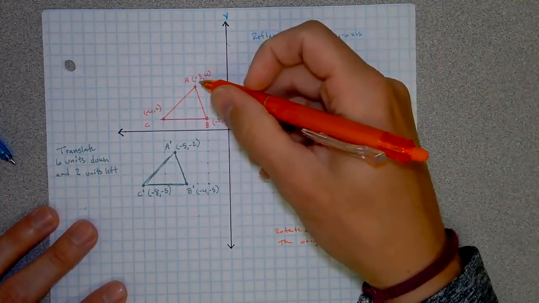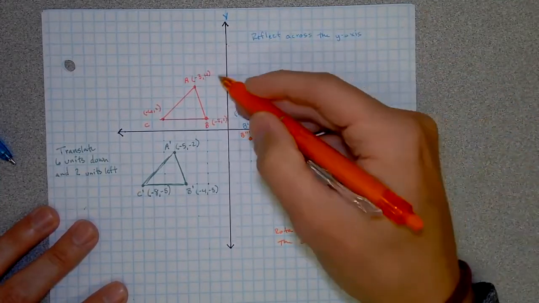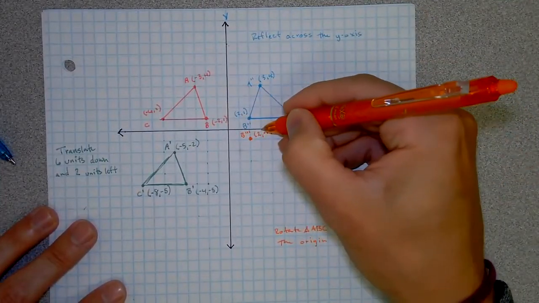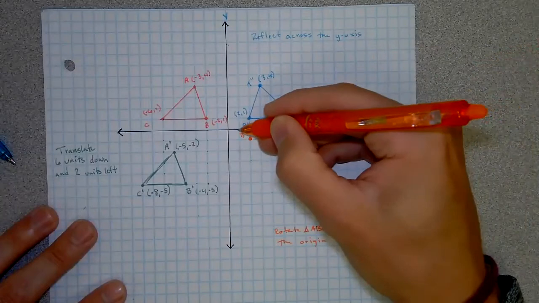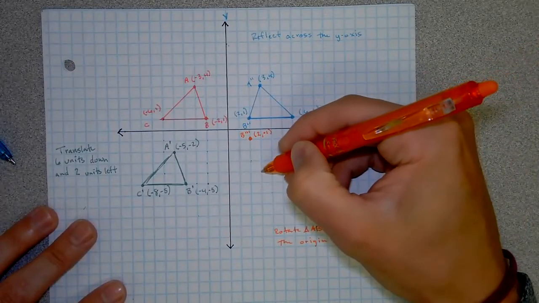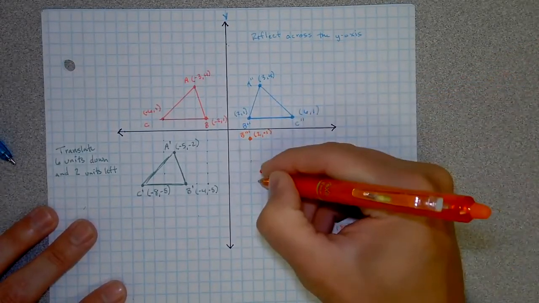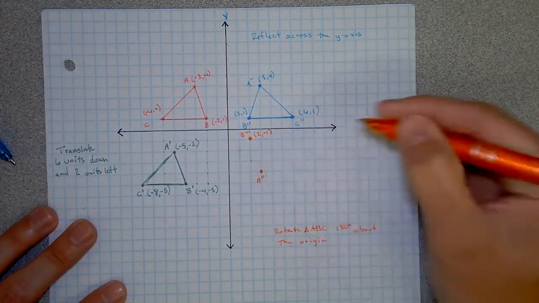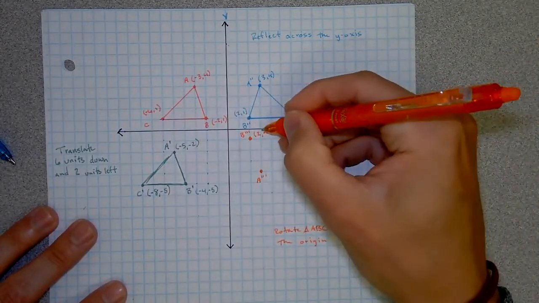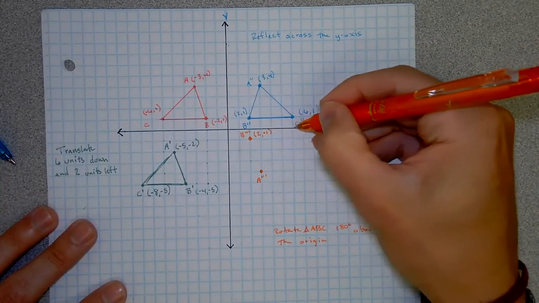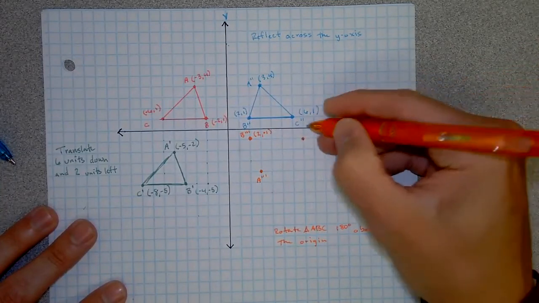So we use the same points for A, except our y value is negative. And then C is 6, -1.